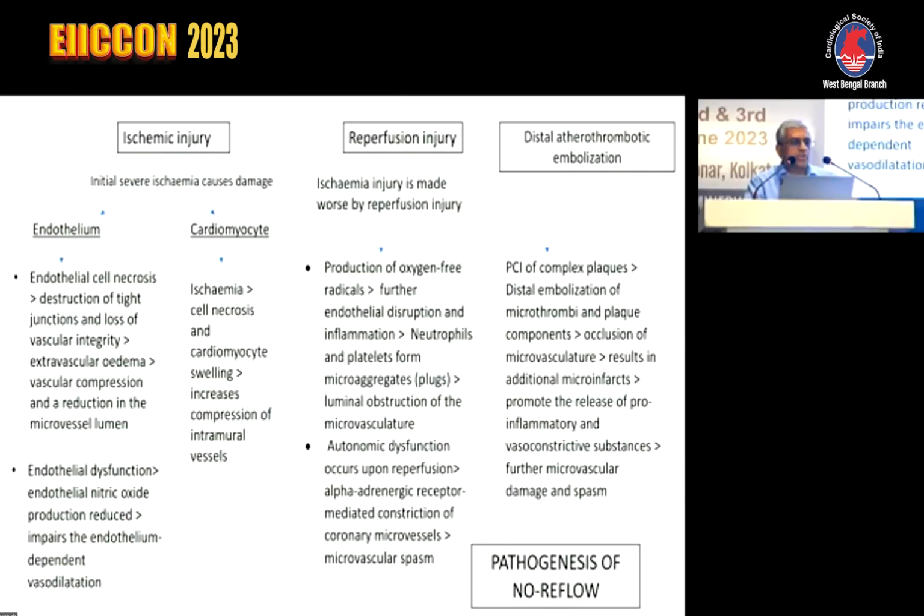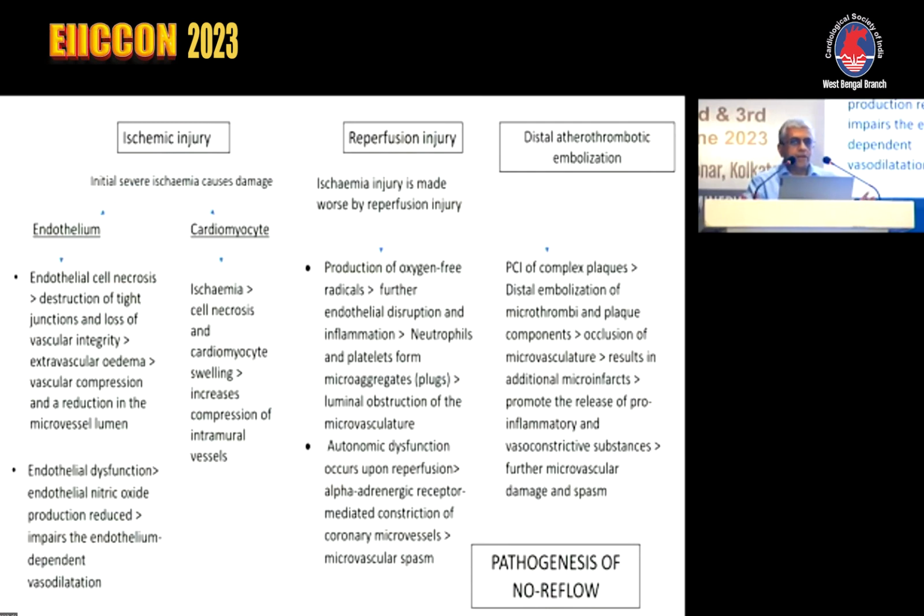So there is extravascular edema, and this results in vascular compression and a reduction in the microvascular lumen. Also, at the same time, ischemia causes endothelial dysfunction. So release of nitric oxide is reduced, and this impairs the endothelium-dependent vasodilation.